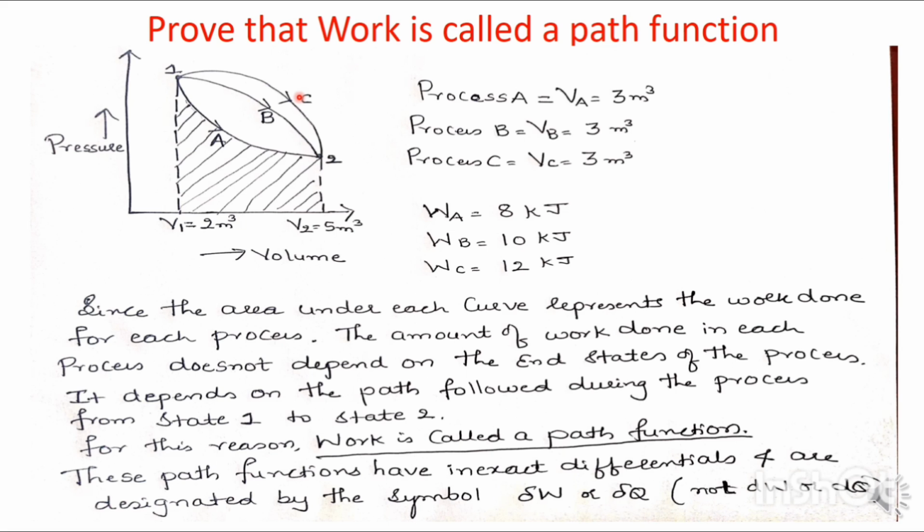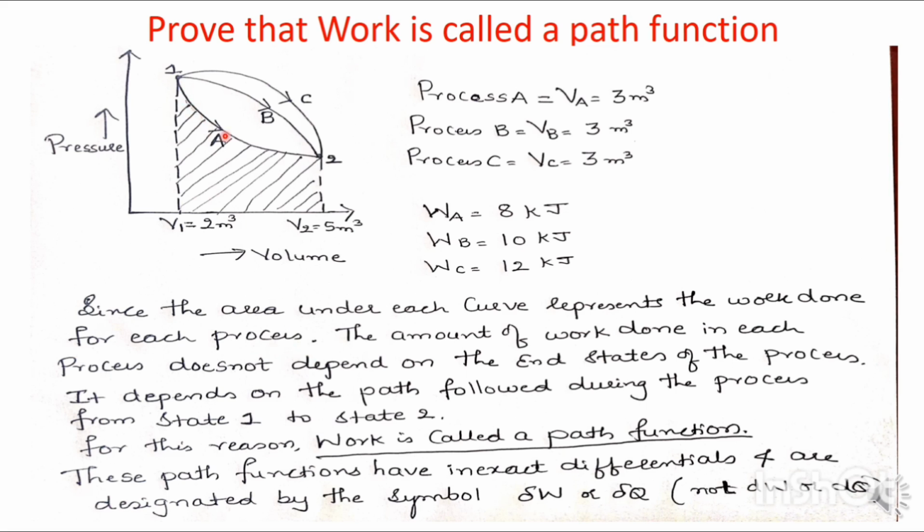So now you can see here we have three paths: path A, path B, and path C. That is, the system is reaching from state 1 to state 2 along these three paths. The area under each curve represents the work done for each process.